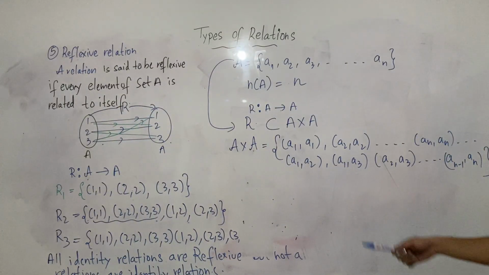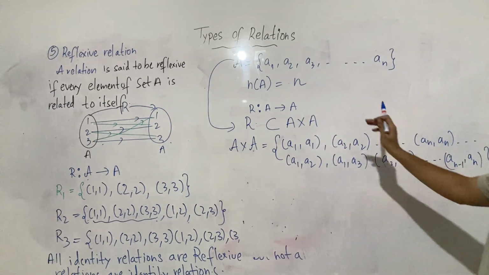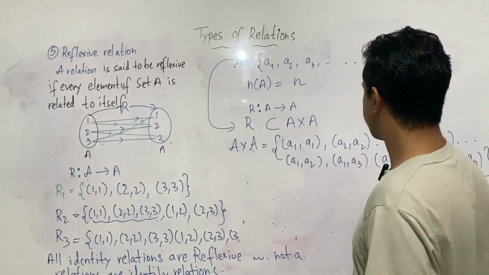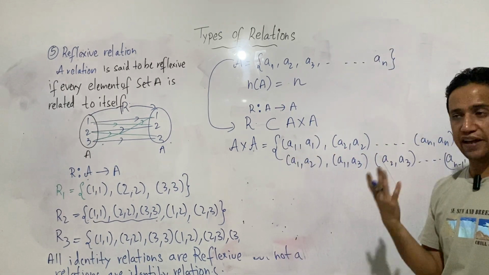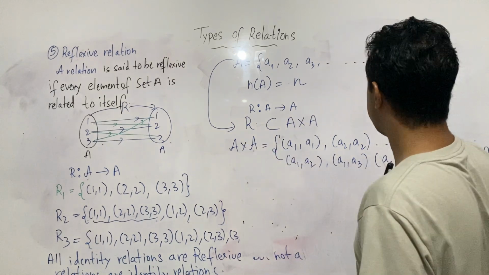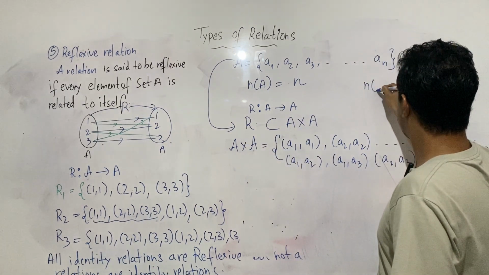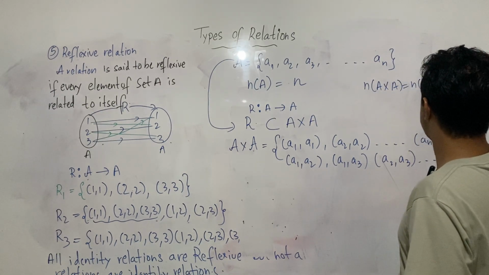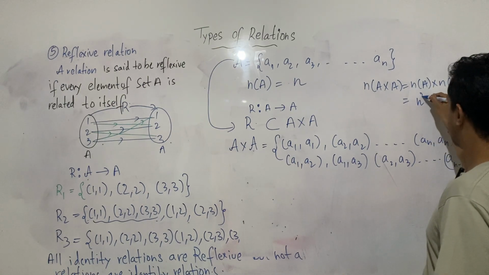So here I have n elements. If I have n elements in set A, then the number of elements in A cross A is going to be n square. I hope you agree with me. Why? Because n of A Cartesian product A is going to be n(A) multiplied by n(A), which is n square.